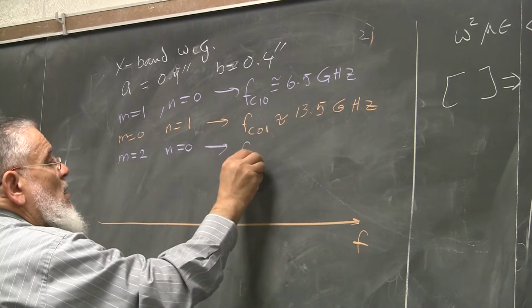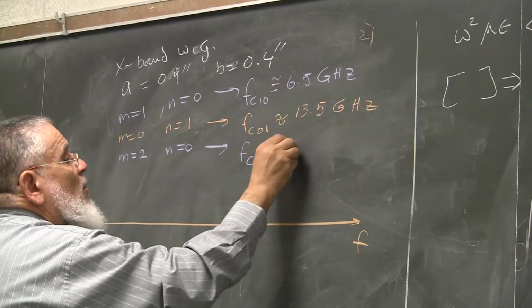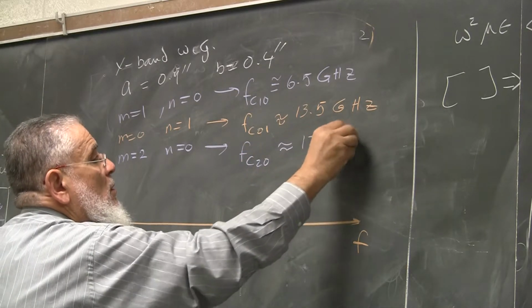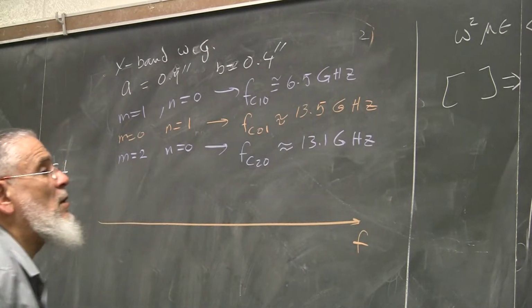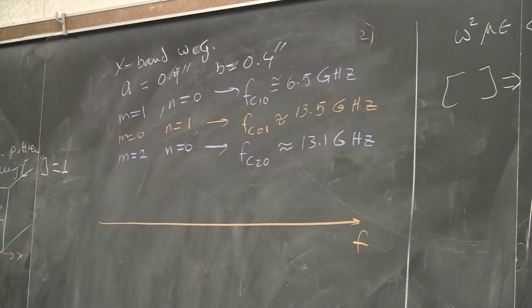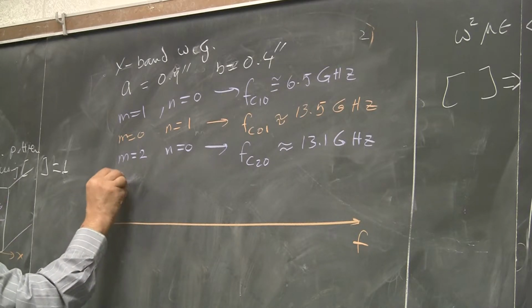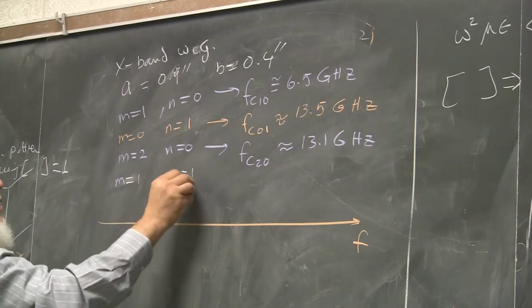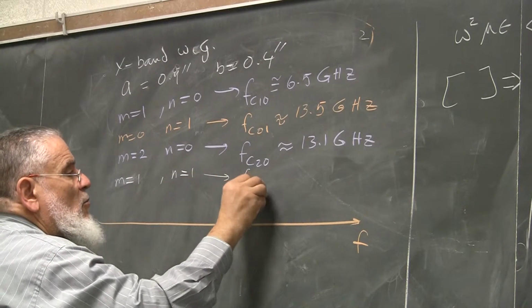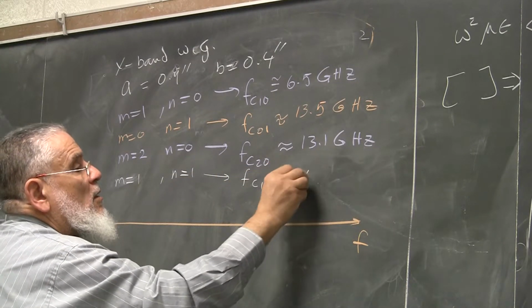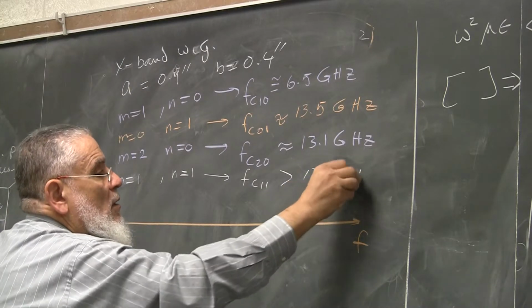That's f sub c 2,0, about 13.1 gigahertz. You can do 1 and 1. I can't remember the number for 1,1, but it's greater than that anyway. m is equal to 1, n is equal to 1. f sub c 1,1 is greater than 13.5 gigahertz. I'm not going to develop it.